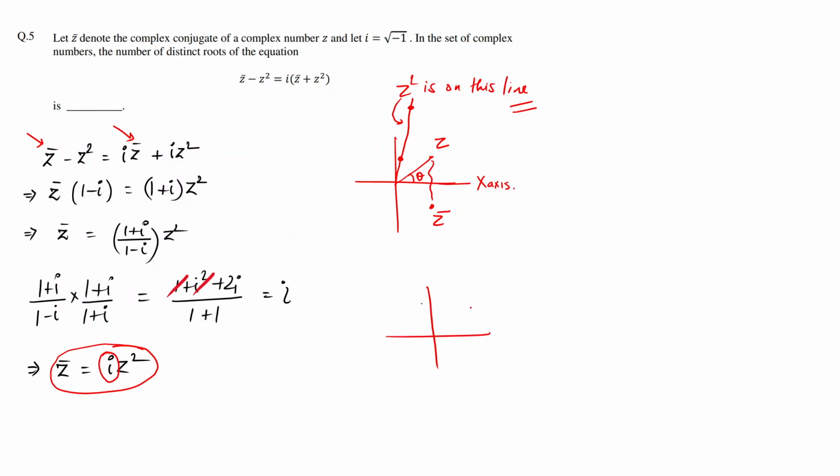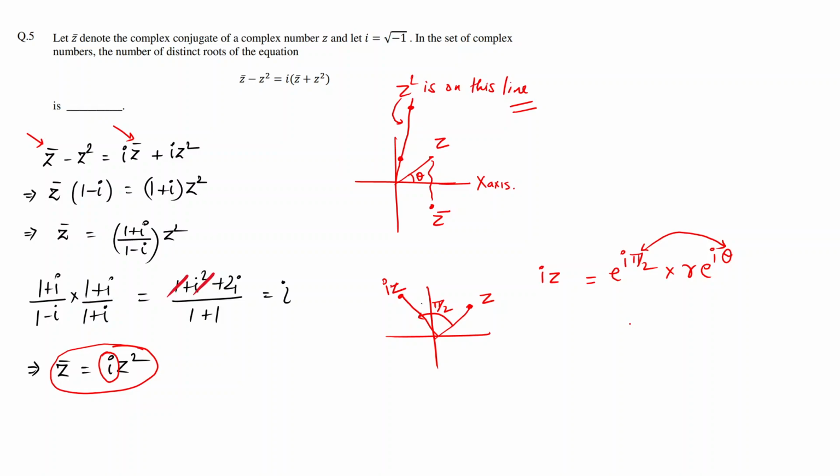suppose your z is here, and where is iz? When you multiply by i, which is e to the power i pi by 2, and let's say your z is some r times e to the i theta, you see that pi by 2 will get added to this argument. So my iz should be anti-clockwise pi by 2 ahead, right?